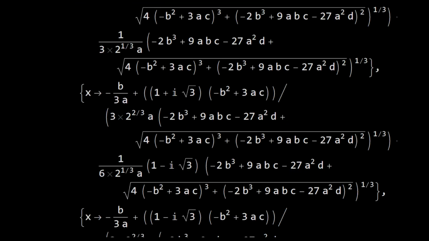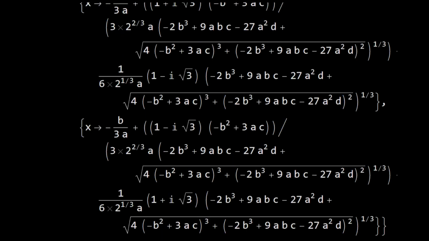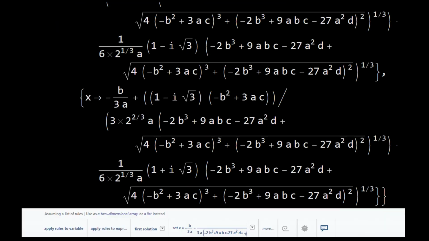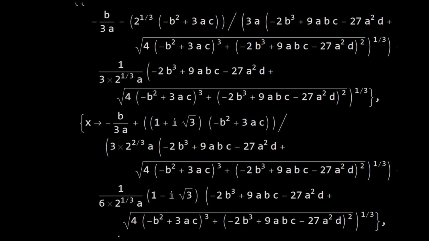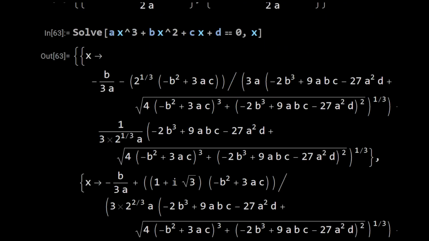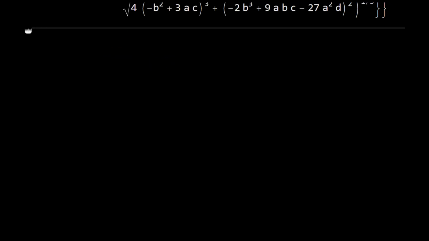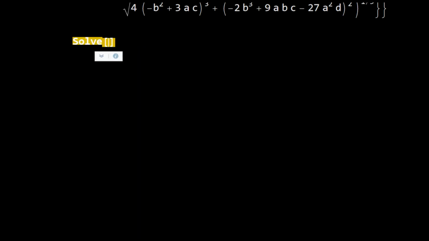And so you get these three solutions right here, which is the analog of the quadratic formula for cubics. Let's see if we can keep going. Okay, instead let's use a specific cubic.